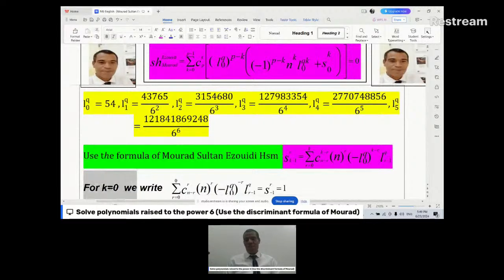If you want to find the value of S_{-1} of order r, you should set k equal to 0 in this formula.